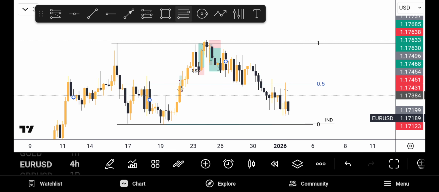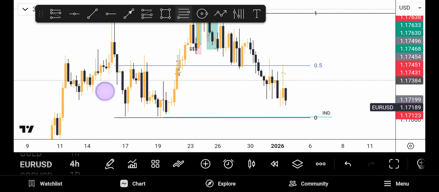Now, if we look at this discount, the only thing we are seeing is, we need to find the reason price is coming back. You understand? What the price is coming to collect. Price is either coming to fill an imbalance, or price is coming to sweep inducement, to take out liquidity.